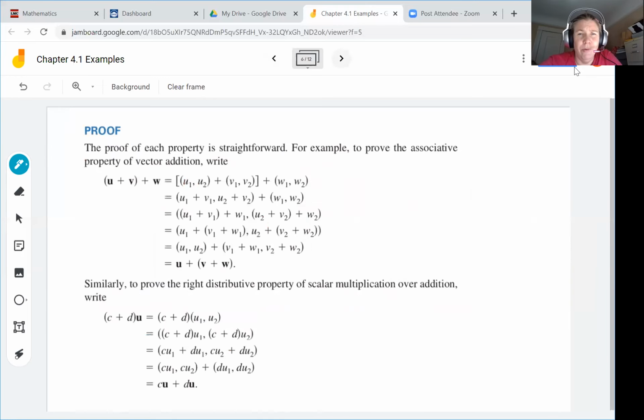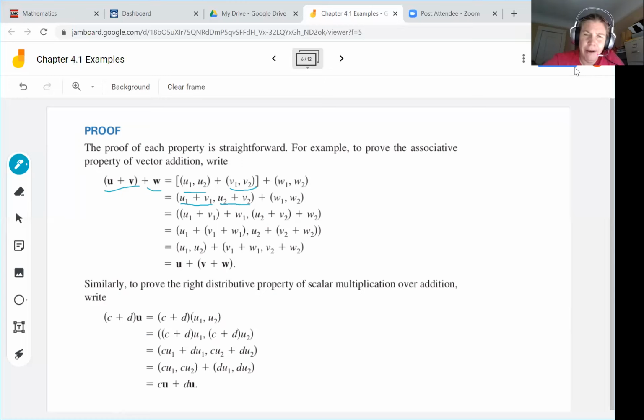All right, so we're going to prove the associative property of vector addition. If you start with u plus v grouped together and then add w, then using grouping symbols, you keep your brackets around the component-wise addition of u and v. So you've got your u1, u2, and v1, v2, and then that goes to u1 plus v1 and u2 plus v2 still grouped together.